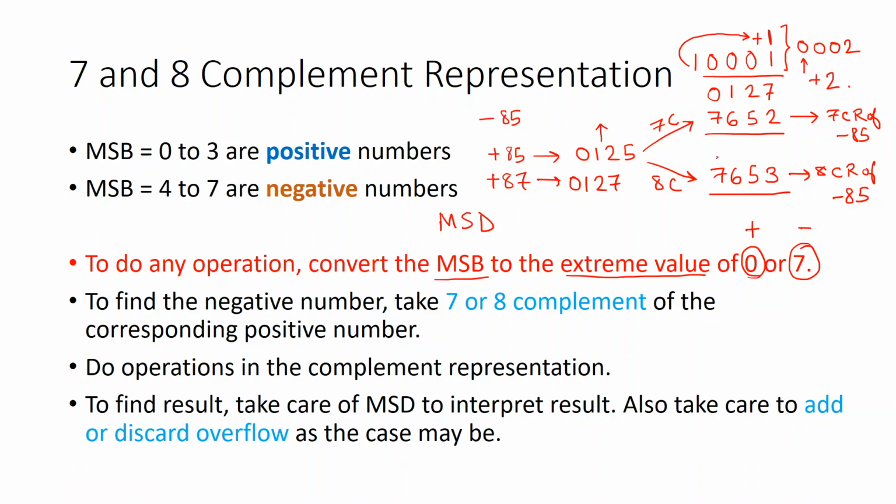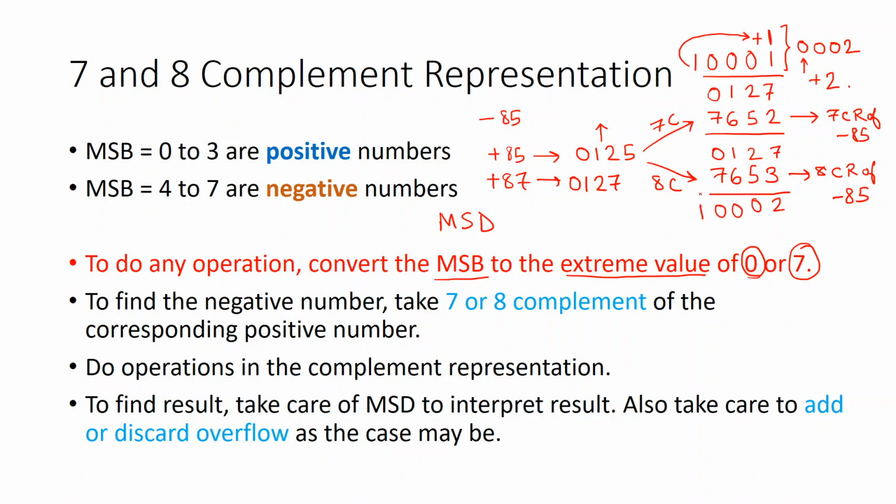And in 8's complement representation, the positive quantity remains the same. The negative quantity is represented like 7653 in this case. This is the 8's complement representation of minus 85. Now we do the addition. This is 10, that means this is 2, 1 is carry, this is 8 which is 0, and 1 is in carry, 0 and 1.